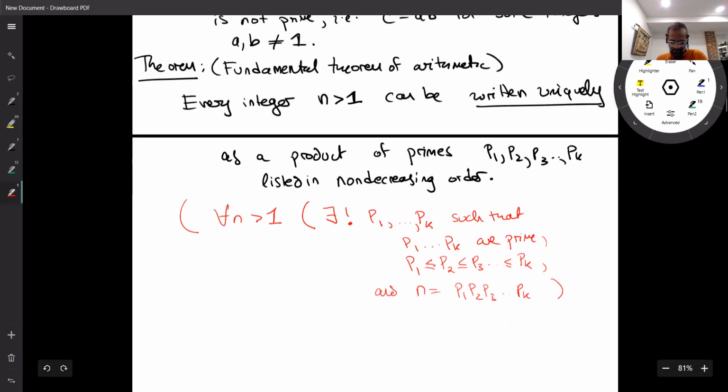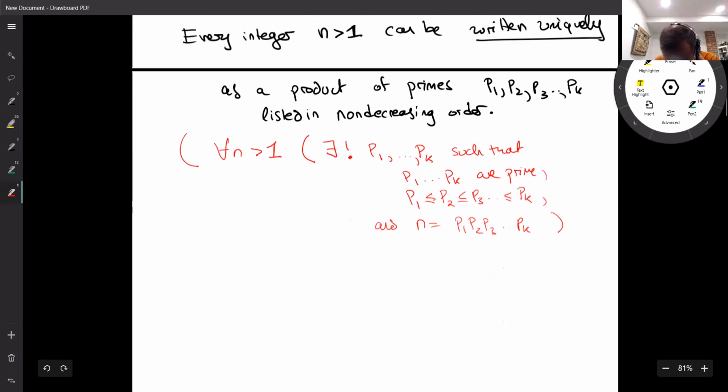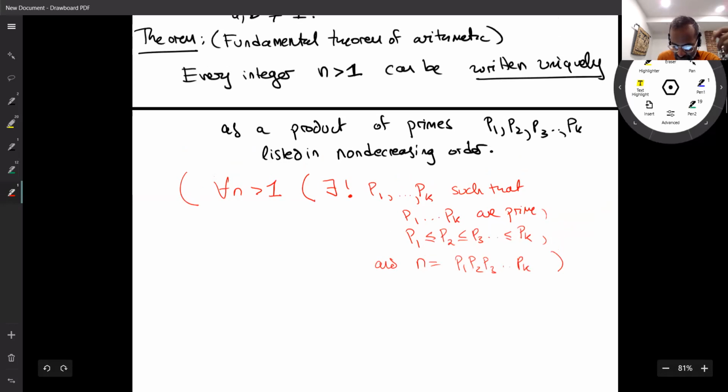So what this is saying is that some primes may be repeated. They may appear a bunch of times. The reason we insist on non-decreasing order is just to make it unique. If we don't talk about the order, then you can take the same numbers and shuffle them around and say, hey, that's a different factorization. We just want to say that once you sort them this way, there's only one way.